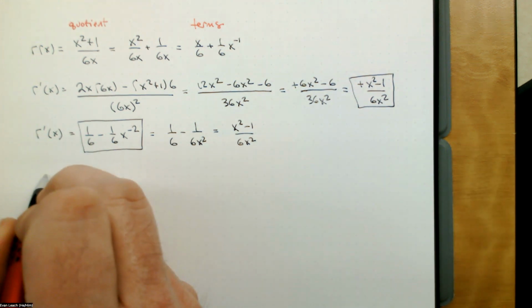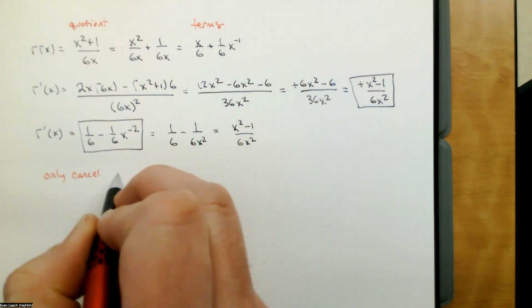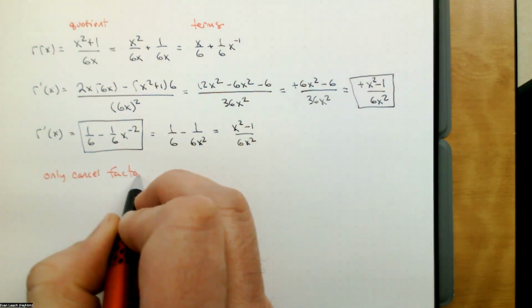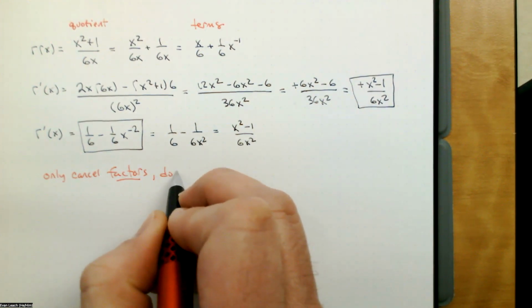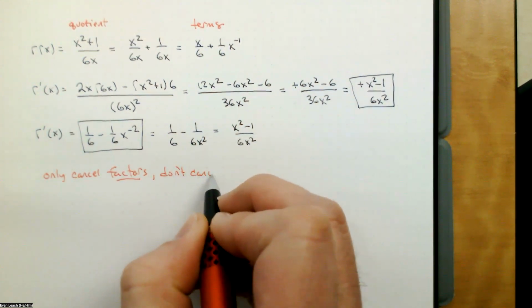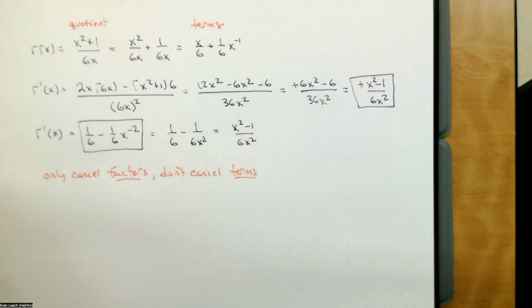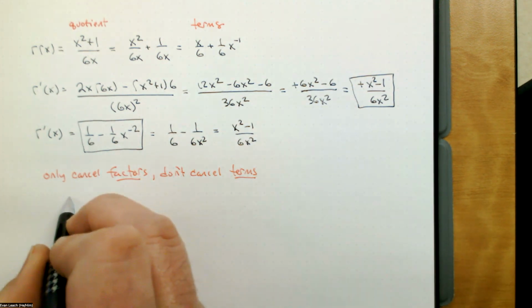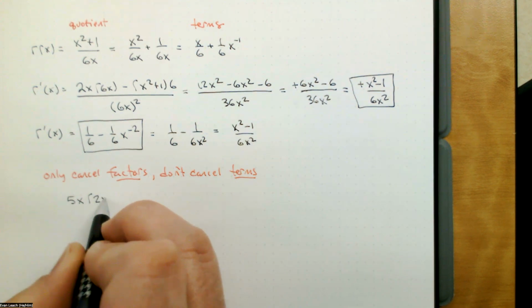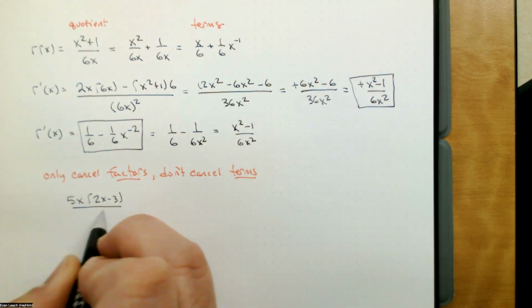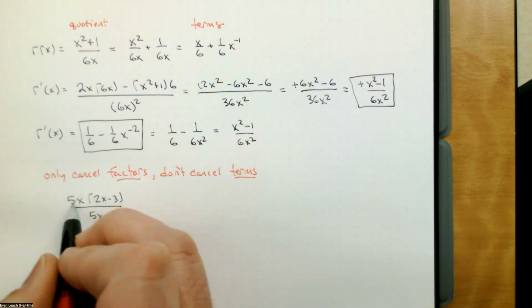So if I have 5x times 2x minus 3 over 5x, 5x is a factor, we can cancel it.